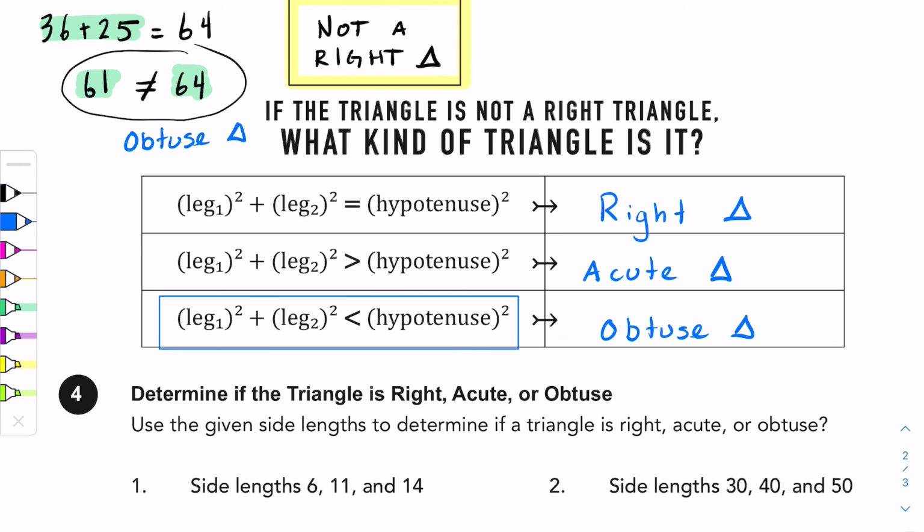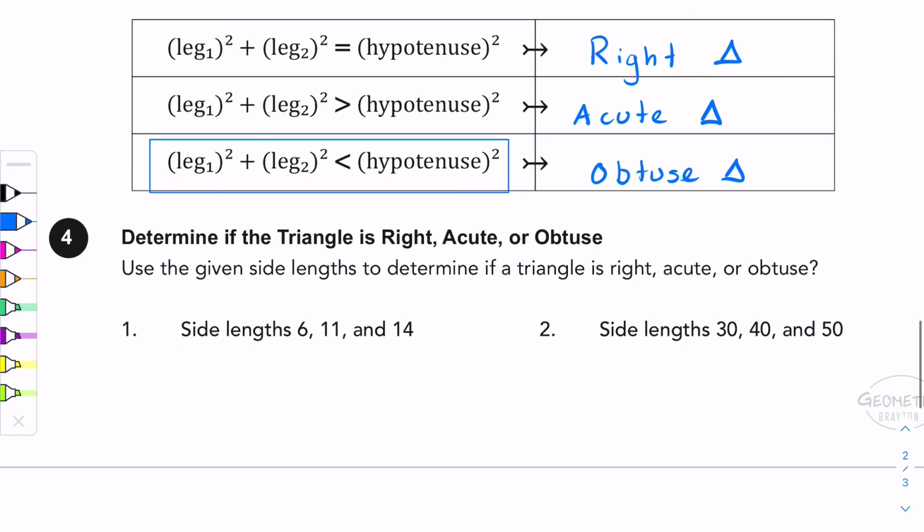Let's take a look at the last 2 examples together. Remember that you're always substituting the longest side in for the hypotenuse. In number 1, we have 6, 11, and 14. This would be 6 squared plus 11 squared, and we want to know, is this equal to, we don't know, 14 squared.